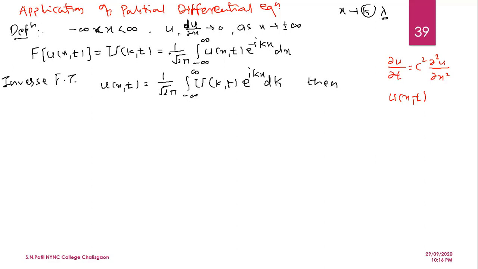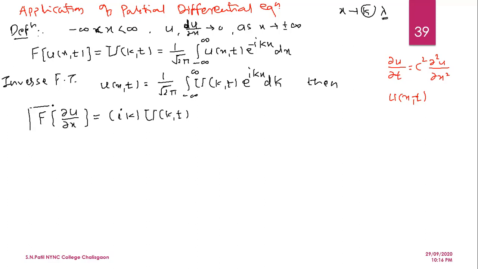using this condition, there is a standard theorem. The Fourier transform of the derivative ∂u/∂x is, here I am directly putting the formula instead of the proof, equal to ik times capital U, where U is a function of k and t.